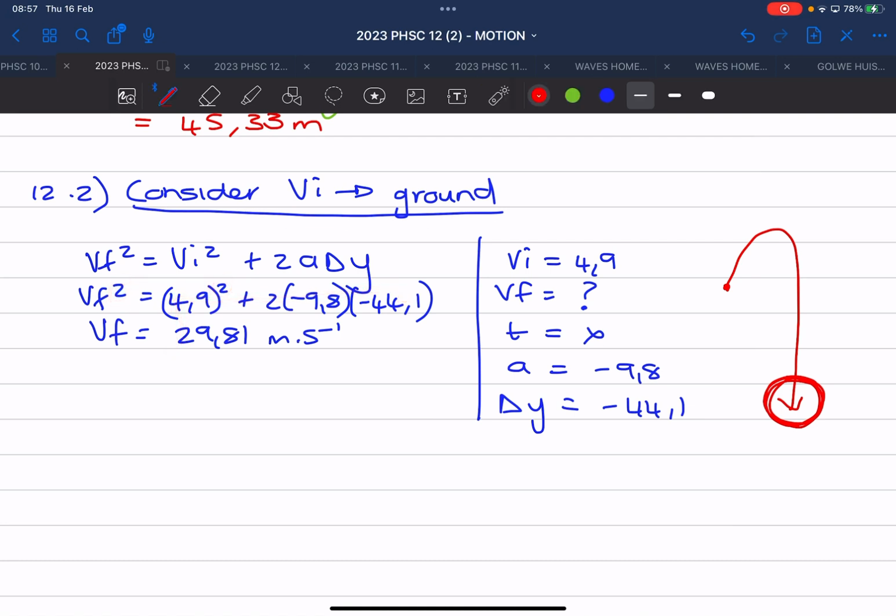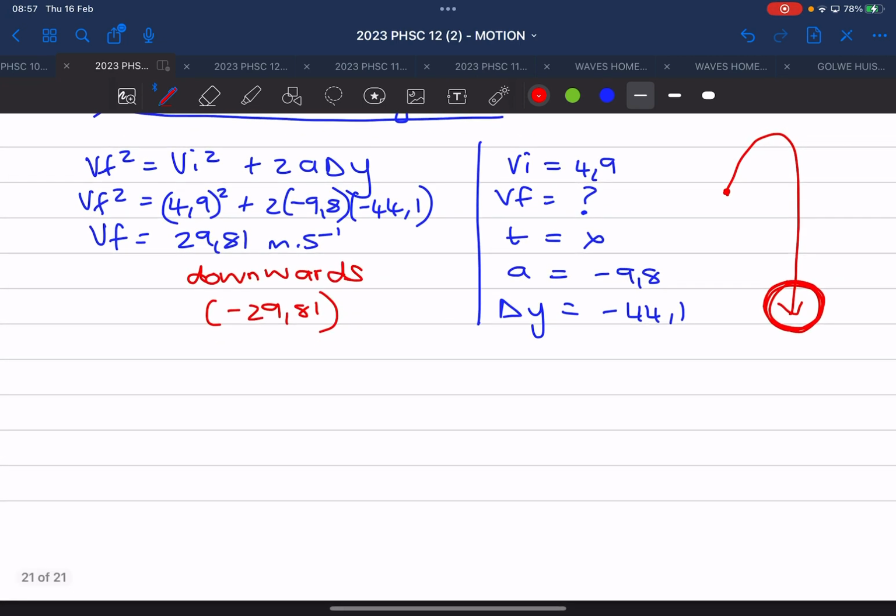So you must know, actually, this is downwards. So actually, when I use this next, my answer is negative 29.81. Yes? Is it a must write? No, I'm doing that for myself. That's fine, yeah.